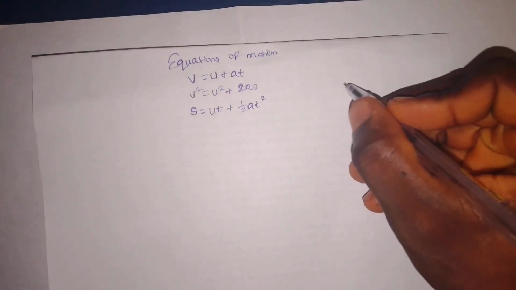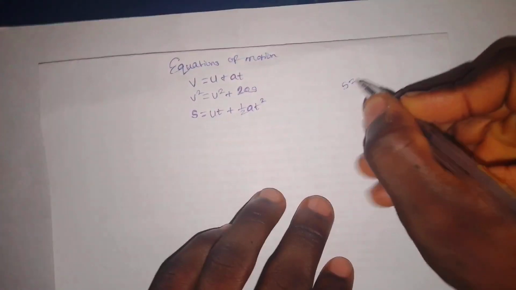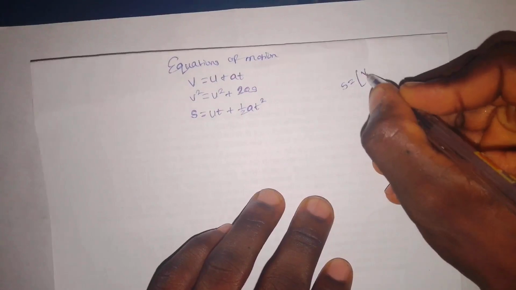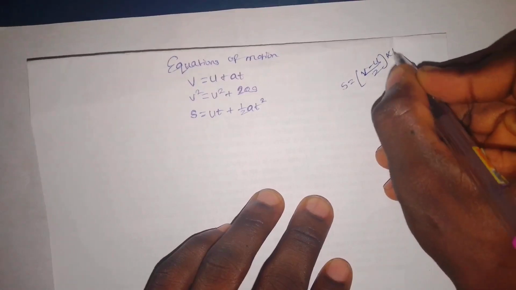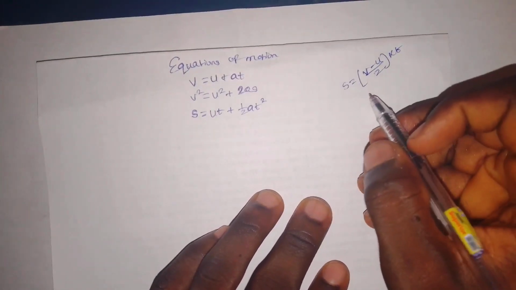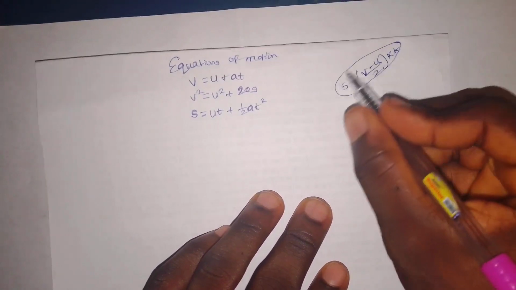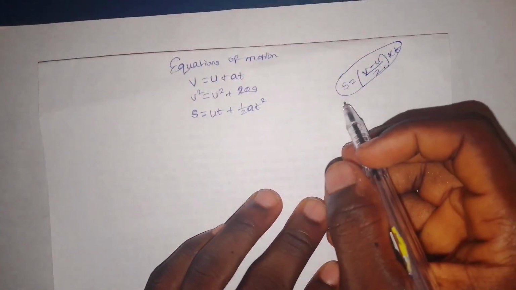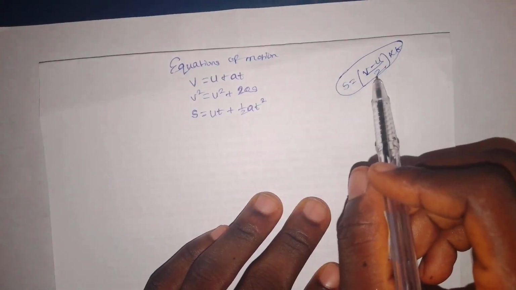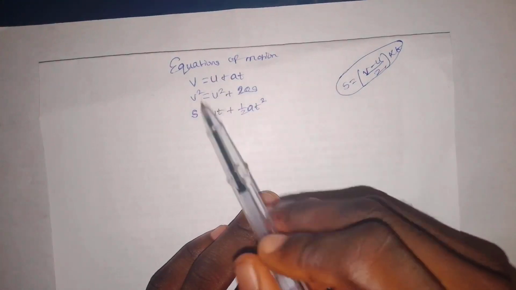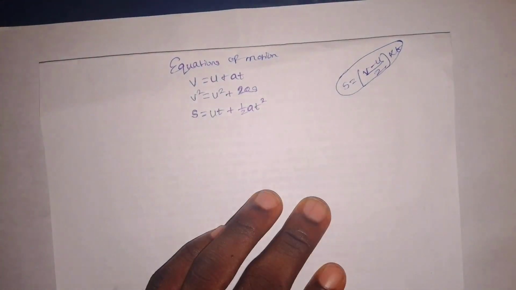The fourth one that you guys normally say is S equals V minus U, then times time. This last one is not regarded as an equation of motion because it does not have acceleration in it. So basically there are three equations of motion.